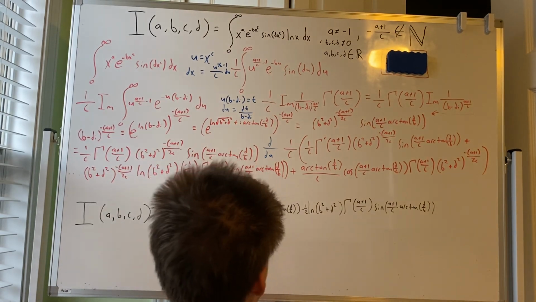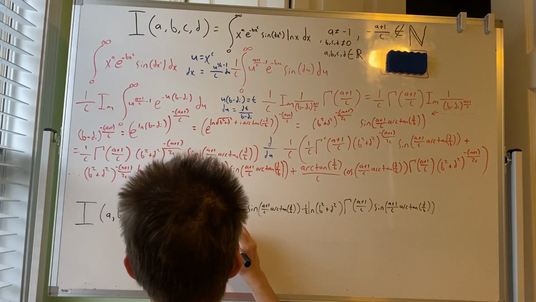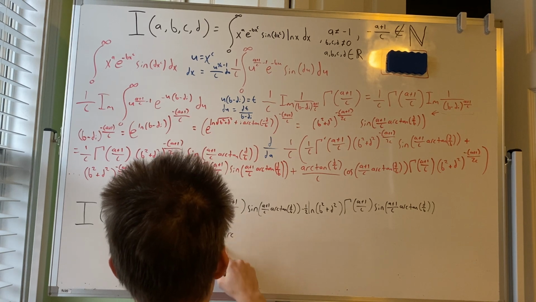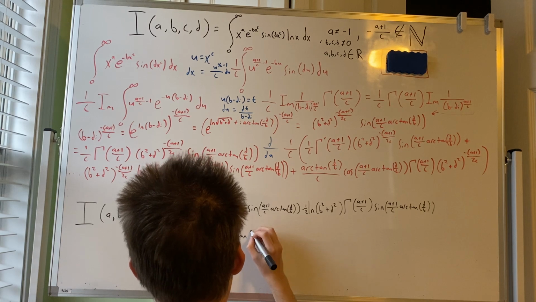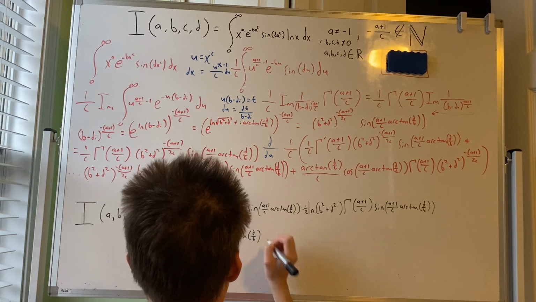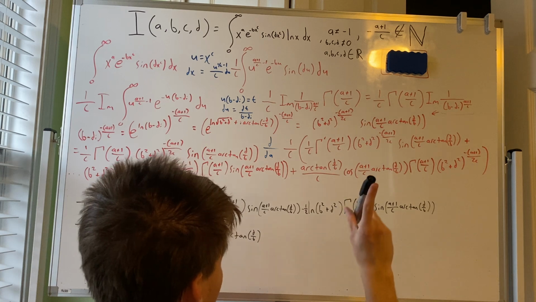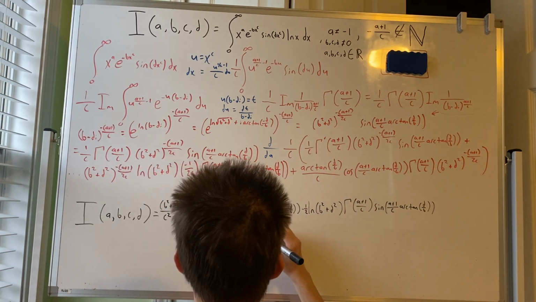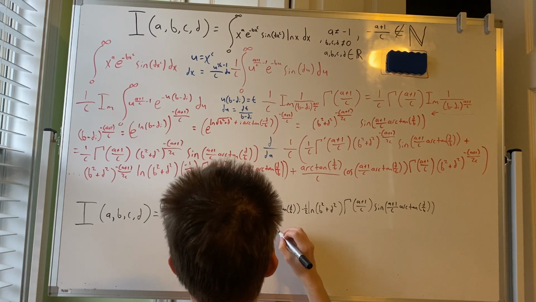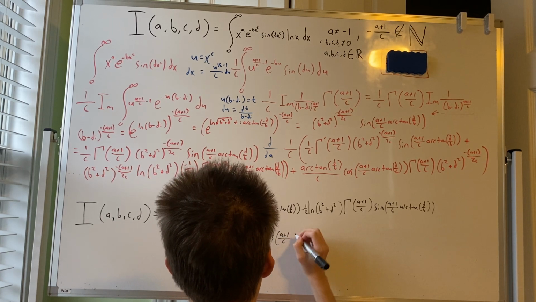So we have plus. And what do we say? Just the arctangent. No, don't fade on me. So close. Okay, the arctangent, and then we just have our cosine and gamma function. So we're going to have cosine of all the same stuff.